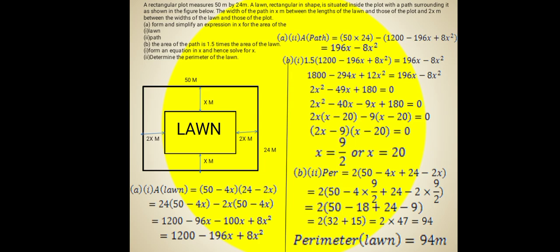The width of the path is x meters between the length of the lawn and those of the plot, and 2x meters between the width of the lawn and those of the plot. Form and simplify an expression in x for the area of the lawn.